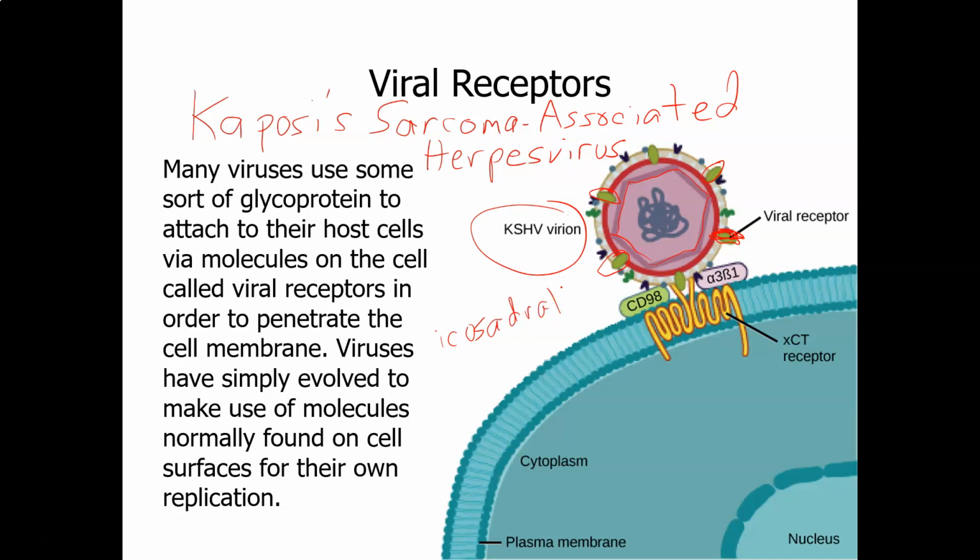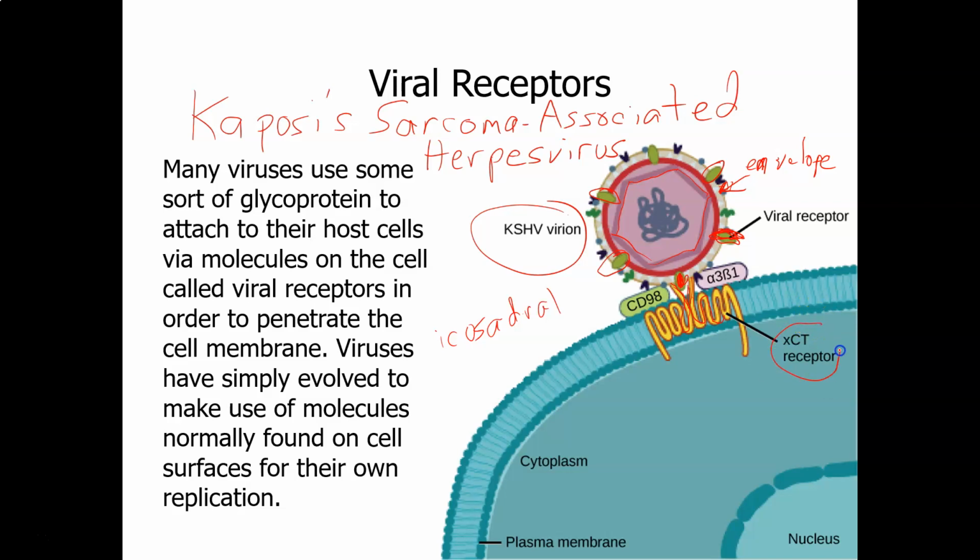The capsid is icosahedral. And then outside the capsid, this virus has an envelope, which is composed of a phospholipid bilayer with embedded proteins. And one of those embedded proteins is the viral receptor that you see in green. That viral receptor attaches to the viral receptor that you see here in yellow on the host cell.